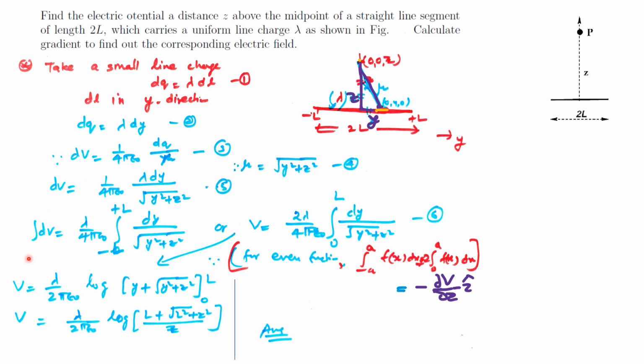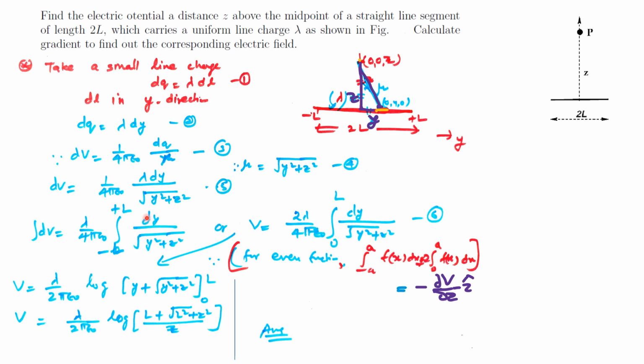If we integrate this equation, the left hand side will be the integral of dV, and lambda by 4 pi epsilon naught is a constant, taken out, with the limit from minus L to plus L for the whole wire, and dy by the square root of y square plus z square.